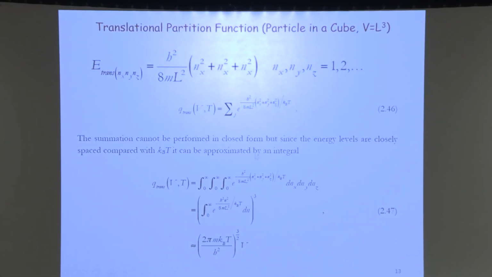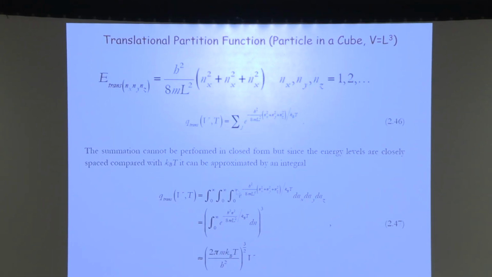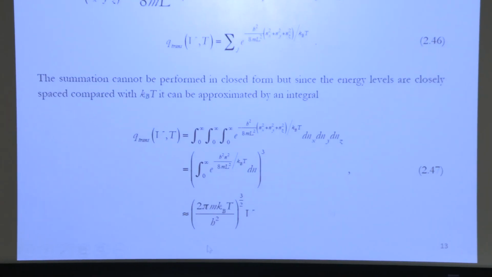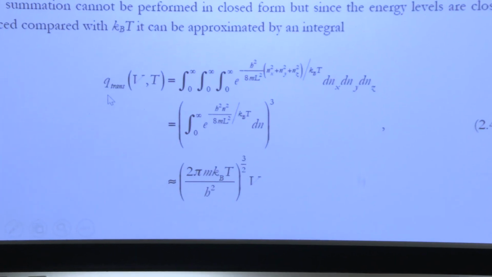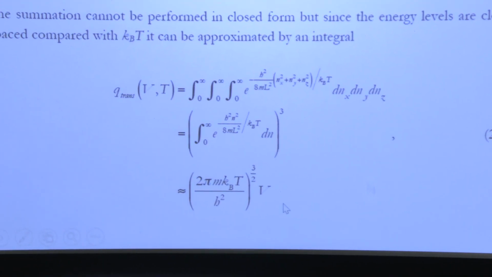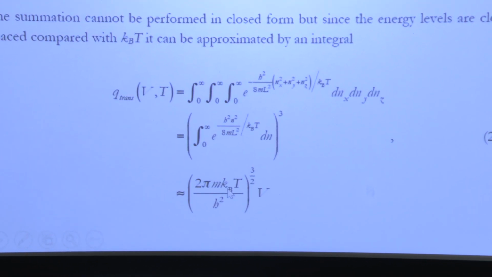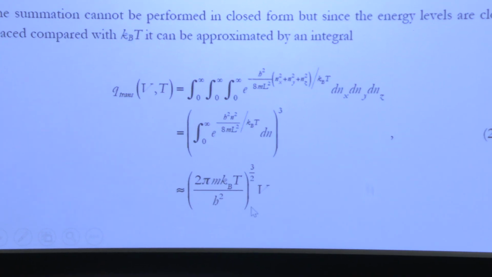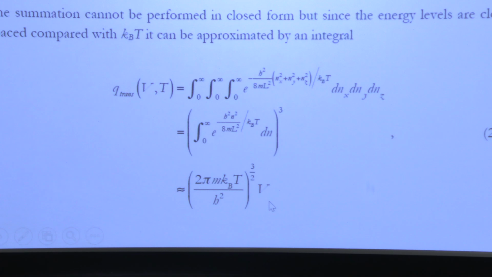And so here we can say, well, this thing looks kind of like a rectangle rule for this particular integral. And this one we can actually solve analytically. And here's the solution. So therefore we say that the Q for the translations is approximately equal to this thing. And it's just the mass, Boltzmann's constant, temperature, Planck's constant, and the volume of your container.